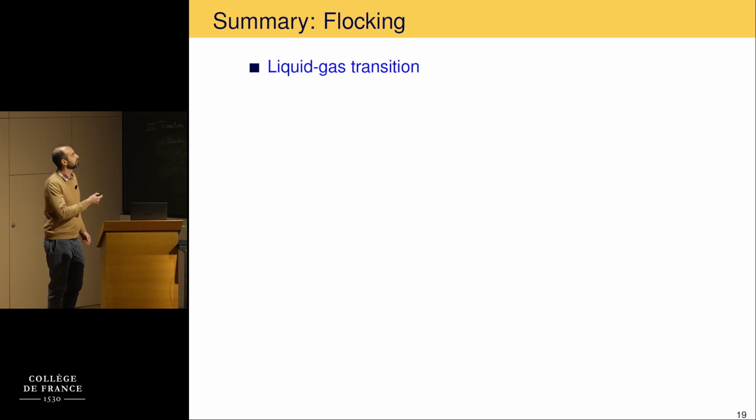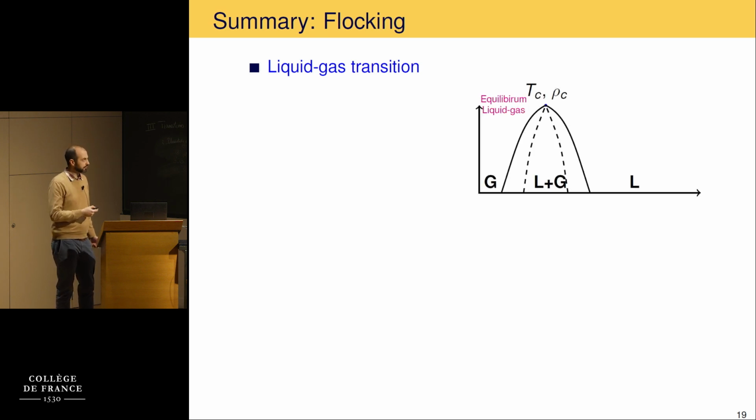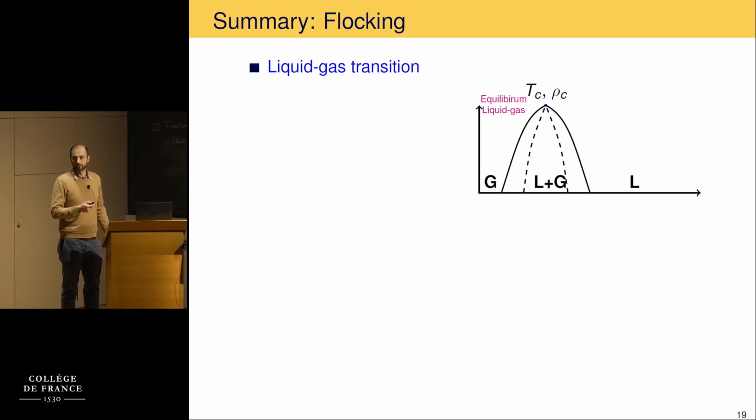Okay, so to recapitulate, this transition to collective motion can be understood as a liquid-gas transition, except the phase diagram is a bit different. Maybe you've noticed, we don't have a critical point, because this would be forbidden. You would be going continuously from a disordered gas to an ordered liquid. So they have different symmetry. You cannot go continuously from one to the other.